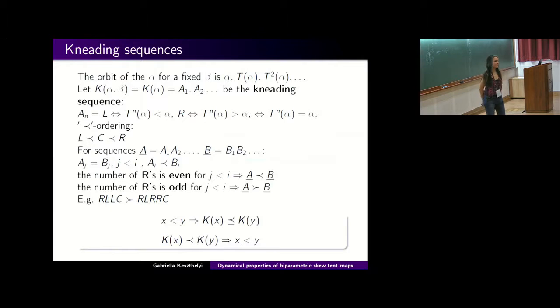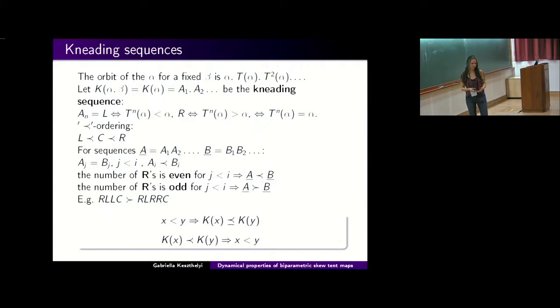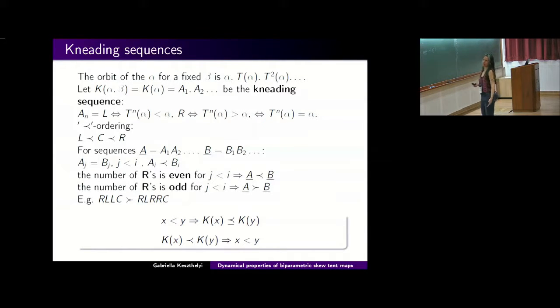Okay, so the first tool we use is the kneading theory. We take the itinerary of the extremum, alpha. If the nth iteration is smaller than alpha, we simply put an L, as it goes to the left side of the tent.